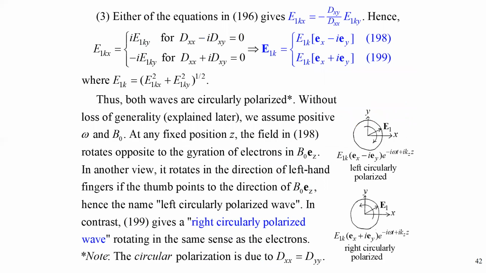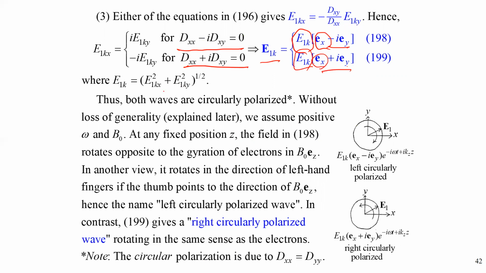Either way, the equation gives this one. Hence, we have simple relations: one is these conditions, the other is these conditions. E1k, X component minus iEy, Ex plus iEy.